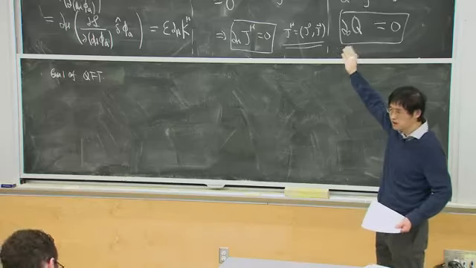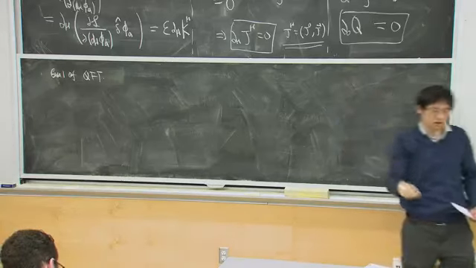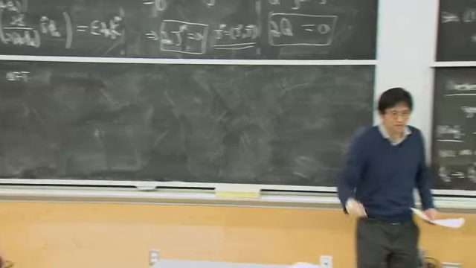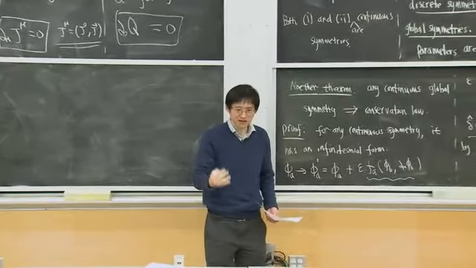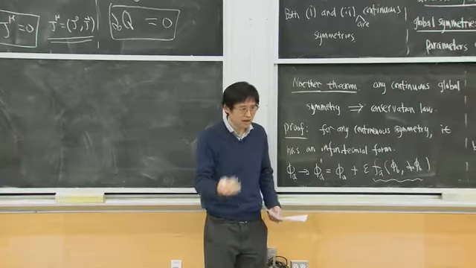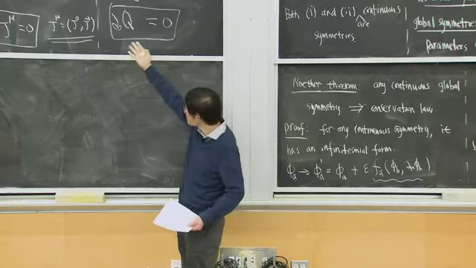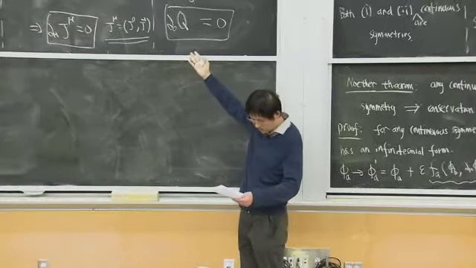Classical field theory is classical mechanics with infinite number of degrees of freedom, and now we want to quantize this infinite number of degrees of freedom, and this becomes quantum field theory. We want to understand the quantum dynamics of such fields.